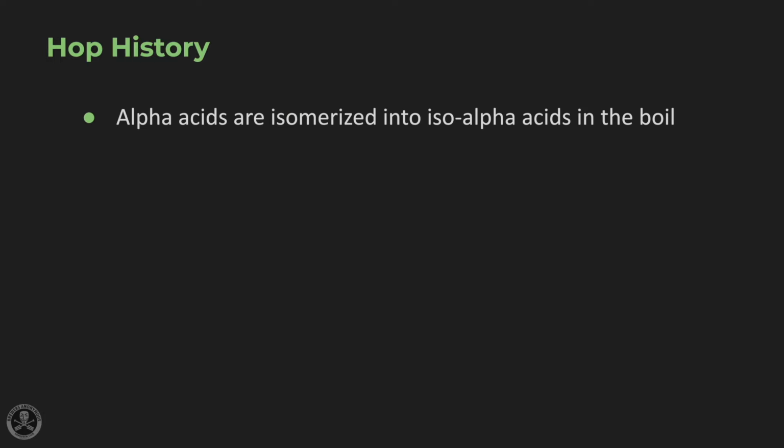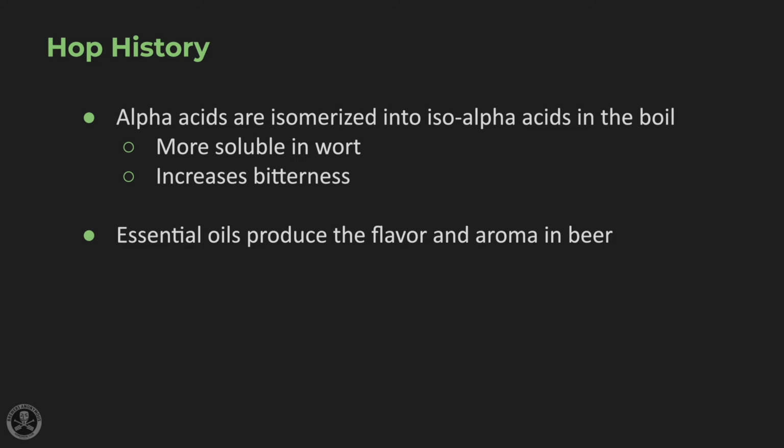Adding the alpha acids directly into the wort doesn't produce that signature bitterness alone. The alpha acids are isomerized into isoalpha acids in the boiling process of brewing. This makes those alpha acids much more soluble in our wort and increases their bitterness. Along with these alpha acids, essential oils in the hop cones produce the flavor and aroma in beer.